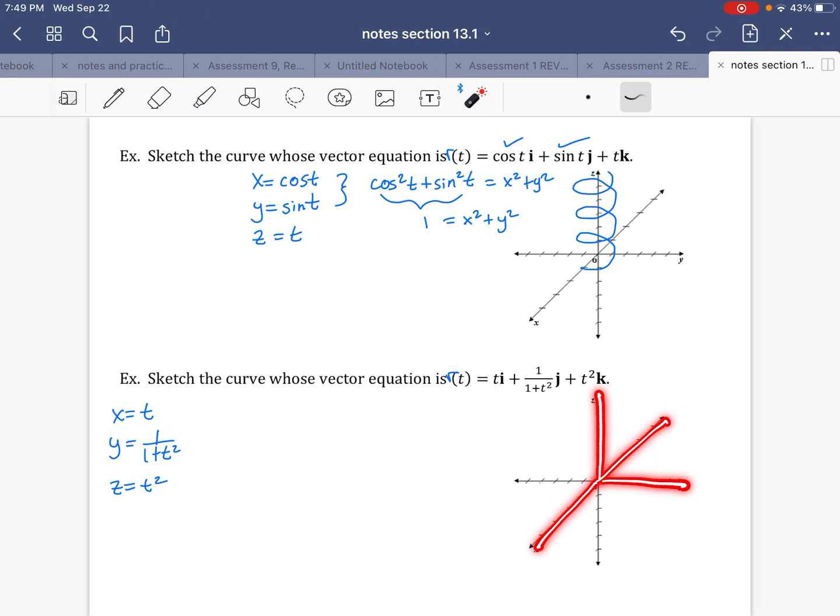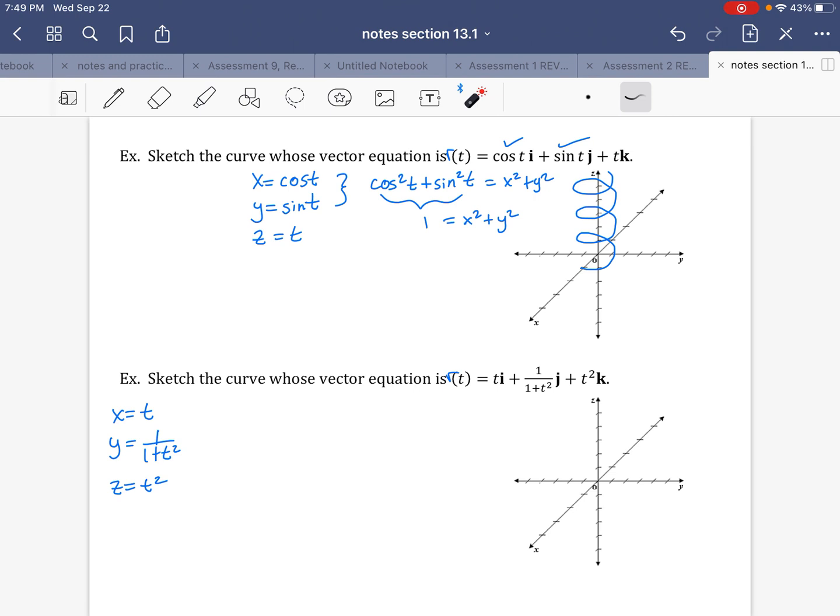So I'm only going to have a graph basically in this top little area right here. I will not be going negative in the y direction. I will not be going negative in the z direction. Whatever numbers I put in for t, it goes everywhere in the x direction, out this way for y and this way for z. So these upper two octants, I can't really draw the other one, but all right.